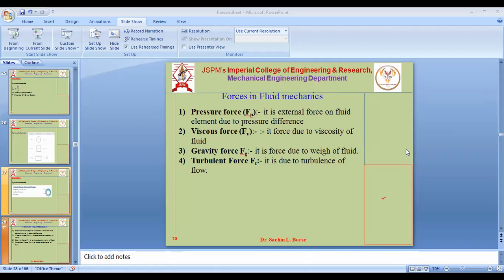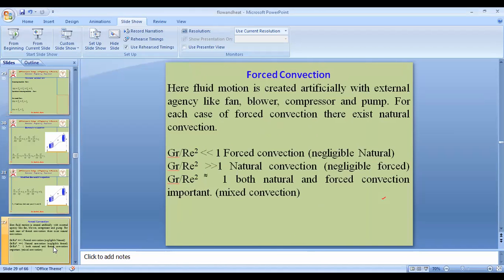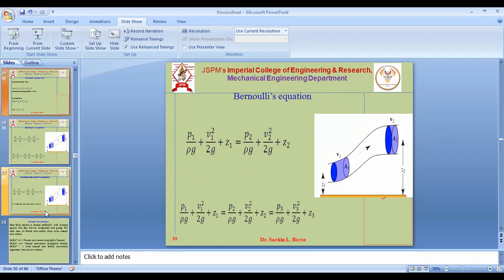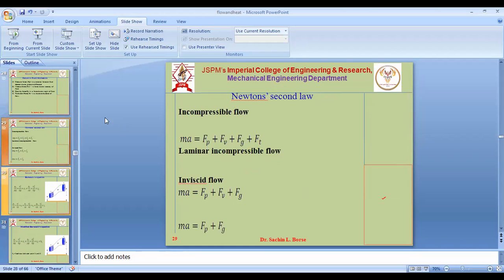I will go to the next slide and tell you. As I mentioned, if I write Newton's second law for viscous flow, then it becomes the Navier-Stokes equation. Mass into acceleration is equal to the summation of forces. Which forces occur in macro flow? Pressure force, viscous force, body force, that is gravity.